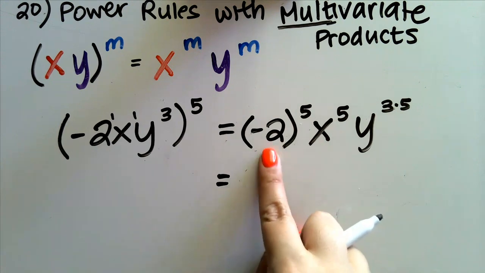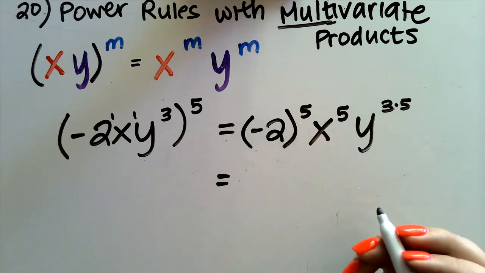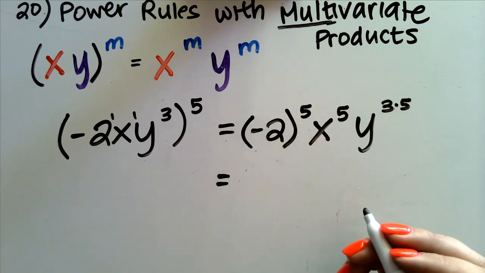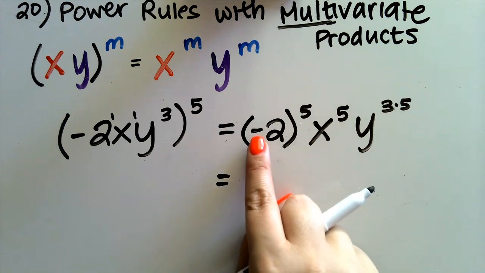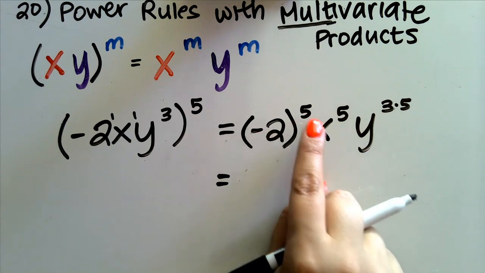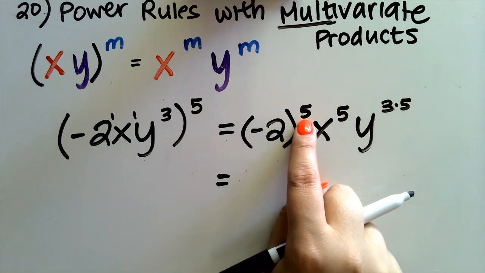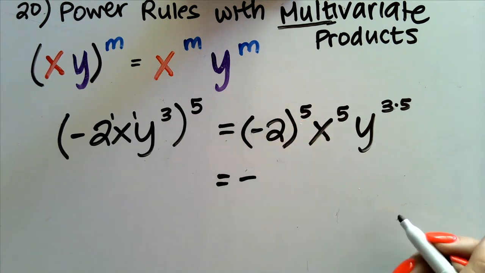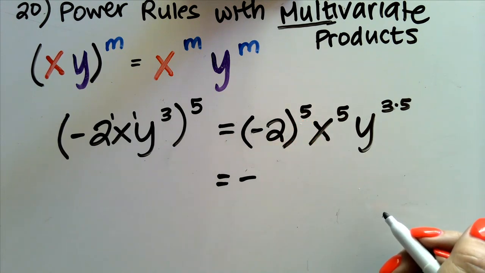Now let's talk about what negative 2 to the fifth power is. You guys are more than welcome to use a calculator, but if we remember, because this is a negative number sitting inside of our parentheses and we have an odd numbered exponent, we know right off the bat that it's going to be a negative answer.